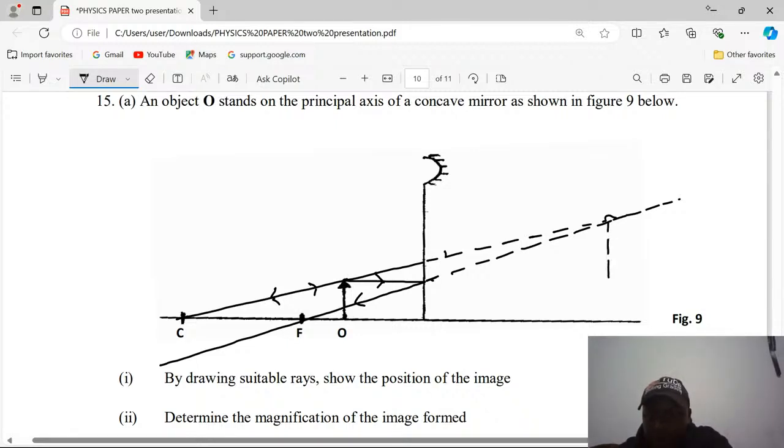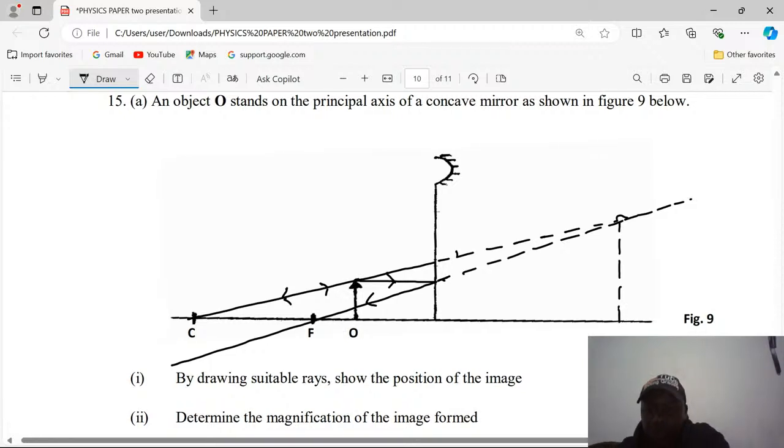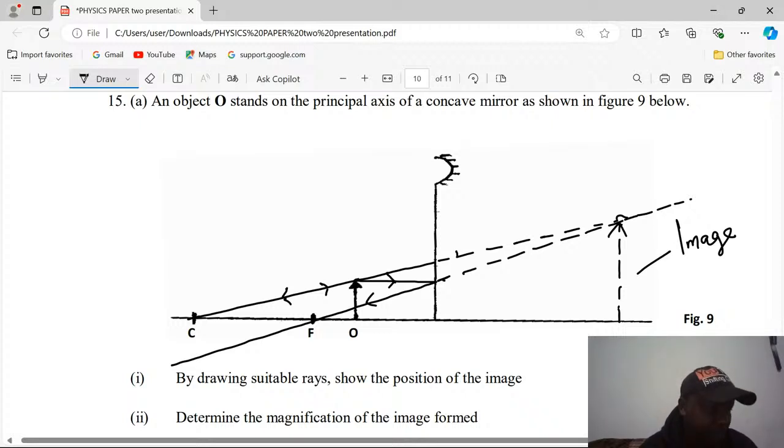We draw our image, also virtual, using dotted lines and put an arrow at that point. This is our image, which is magnified, virtual, behind the mirror, and also upright. Continue following.